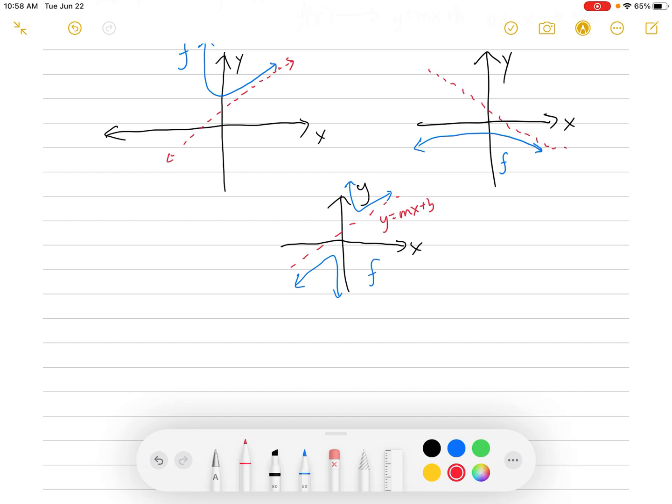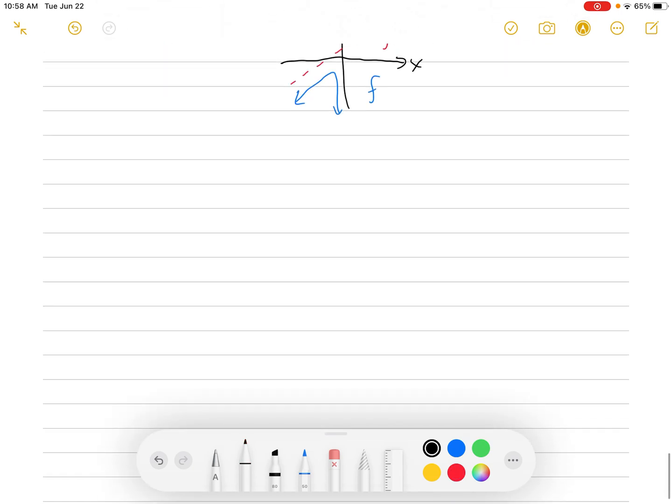Now, how do you know if you have a slant asymptote when you're dealing with these? We'll figure that out. Finding oblique asymptotes, or I'll call them slant. Slant's a better word than oblique.